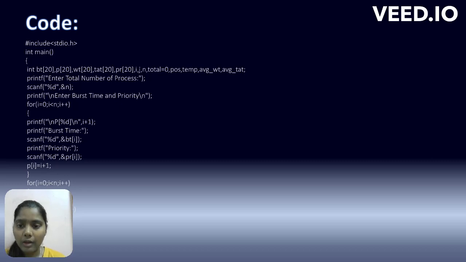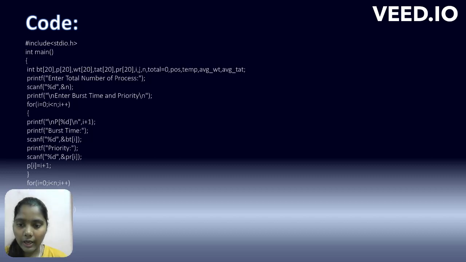Printf, once again we are printing "P[%d]\n", i+1. Printf, we are printing the burst time and scanning bt[i]. Priority, we are printing the priority and also scanning that. p[i] = i+1.